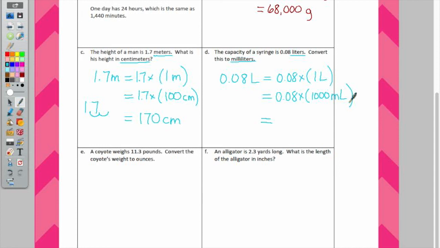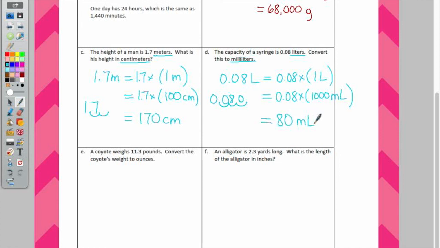So milliliters is lowercase m, capital L. All right. Now how do I solve this? 800 times 1,000. So 1, 2, 3, add 1 0. My answer is 80 milliliters.